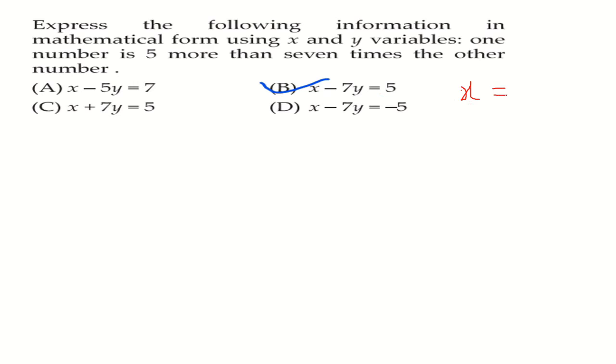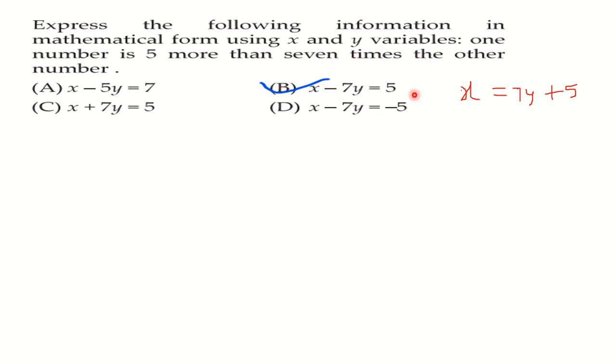So we will write down equal to. 5 more than 7 times the other means what? 7 times the other number means what? 7y, correct? And 5 more means plus 5, correct? So this way you can write, and then you can shift this 7y here and you are going to get the answer. Okay, so this way also you can do it.